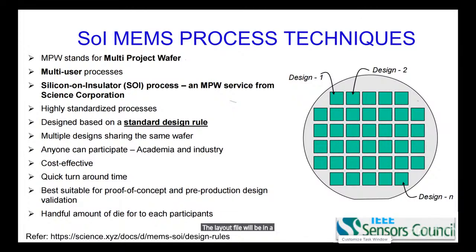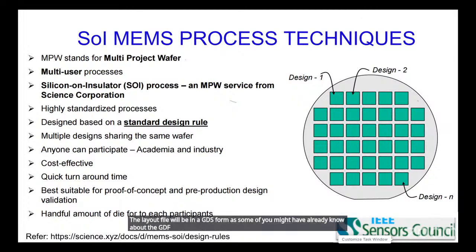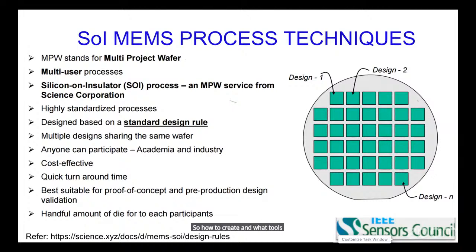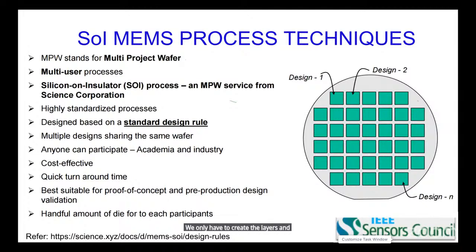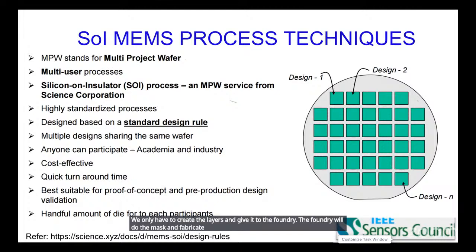Some of you might already know about GDS files, but if not, no worries, we will discuss in our next lecture: how to create layouts and what tools can be used. Once our device is simulated, tested, verified and approved, we only have to create the layers and give it to the Foundry. The Foundry will do the mask, fabricate the device and give it back to us.